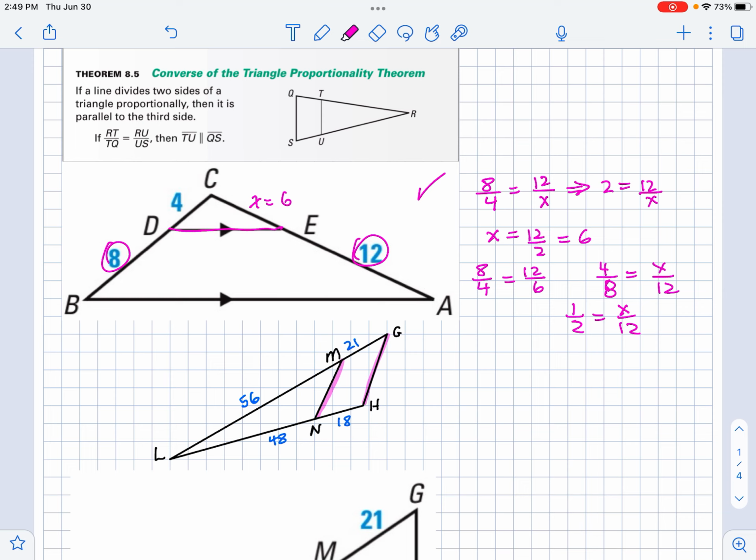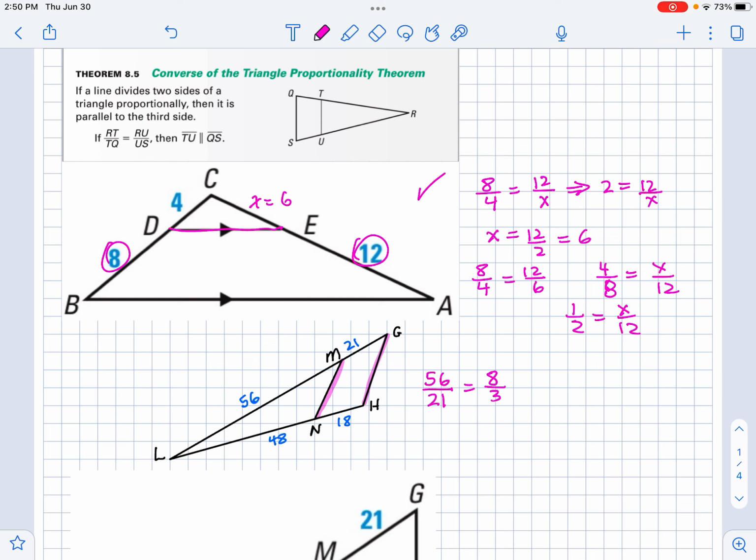Well, let's see what I can do. I can say, okay, let's go 56 over 21. 56 divided by 7 will go 8 times, and 21 divided by 7 will go 3 times, so 8/3. So that's that ratio.